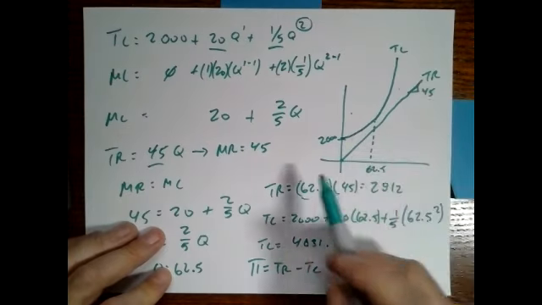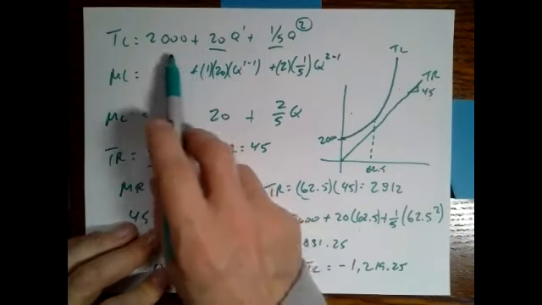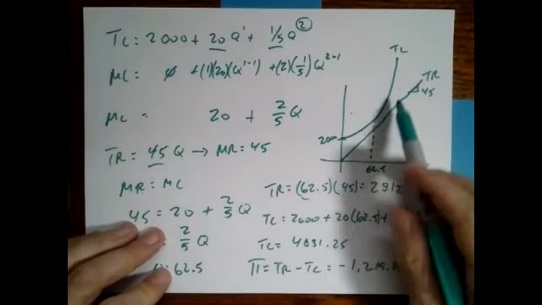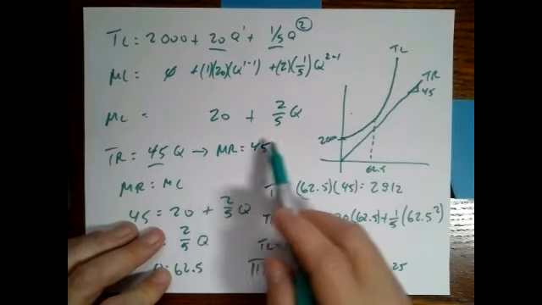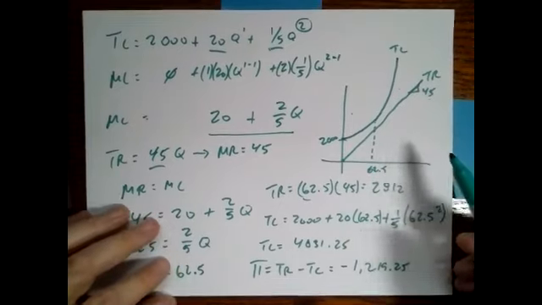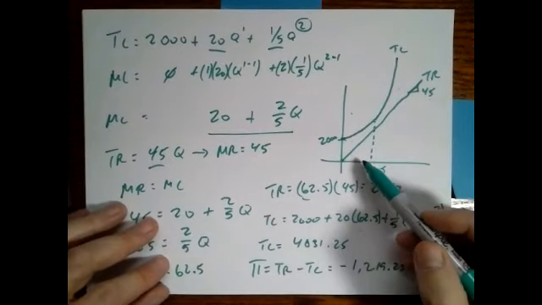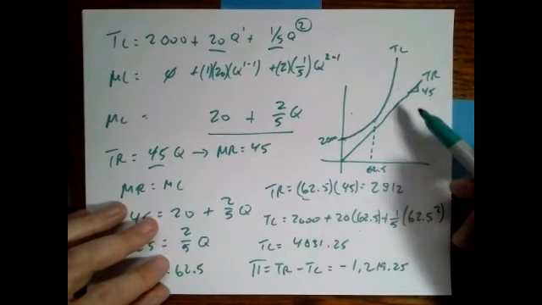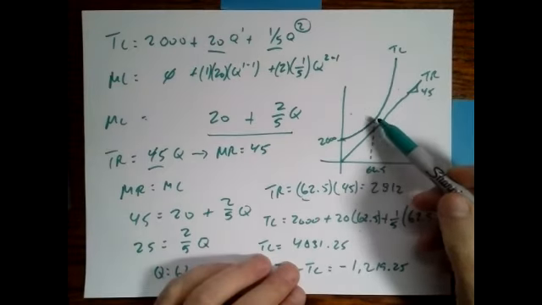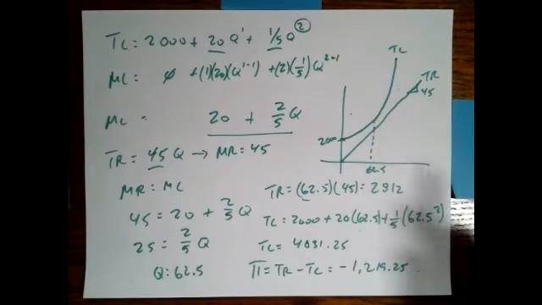The total cost curve initially starts out at 2,000, right, and then goes up. And the slope is always 20 plus 2/5 Q. And the problem is that the total revenue function at 45 never earns enough money to catch up with the total cost curve. So it never crosses.